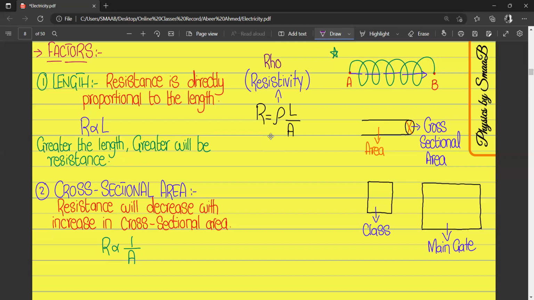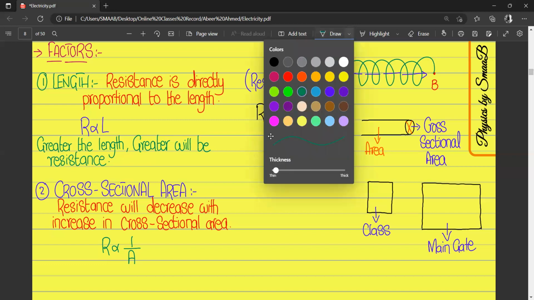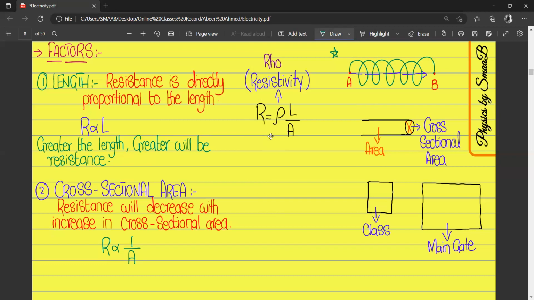So we can say that resistivity depends upon the nature of the conductor or material, right?